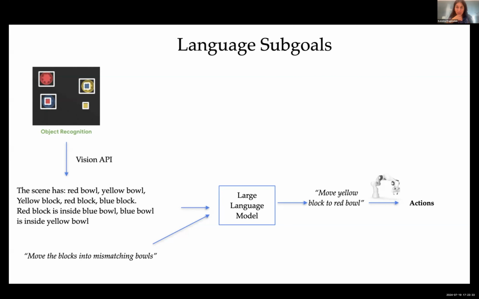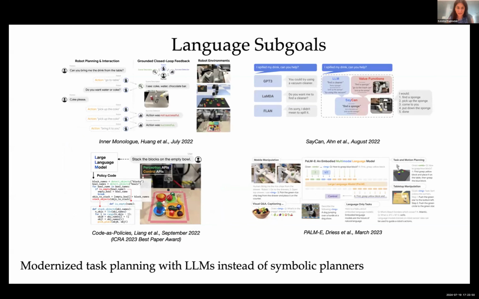Now, there is a grounding issue here: language models don't see the scene. Of course, you can use a vision language model, and it's probably going to give a more grounded and relevant prediction of language sub-goals. This makes sense, and there have been a lot of works doing this. They break sub-goals down in natural language or in Python code.